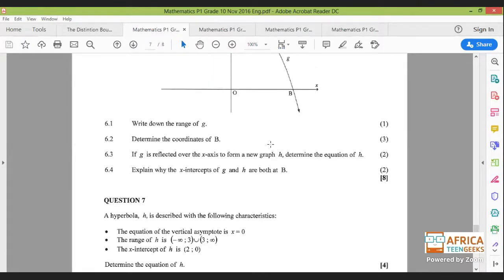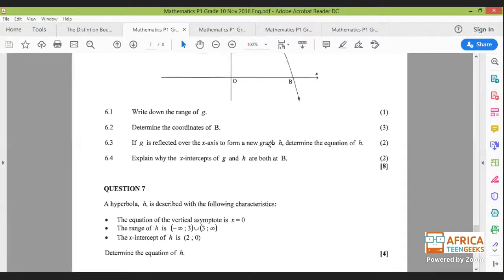So with the next question, boys and girls, it says to you, a hyperbola H is described with the following characteristics. Now we're speaking about the hyperbola, right? The equation of the vertical asymptote is x equals 0.